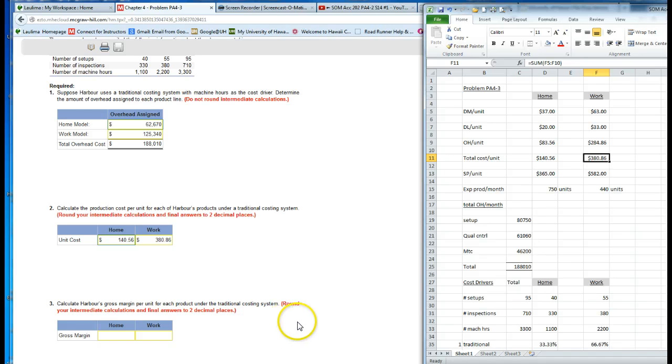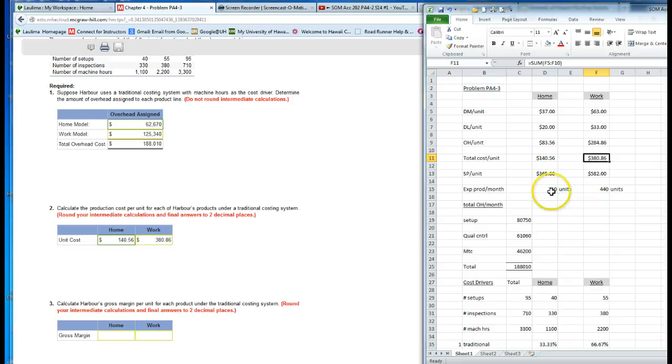Well, what's gross margin? Well, then the logical next question is what is gross profit? And I think we know by now that gross profit is net sales minus cost of goods sold. And so gross margin is a very similar type of calculation, and we use that terminology more in a manufacturing type of setting.